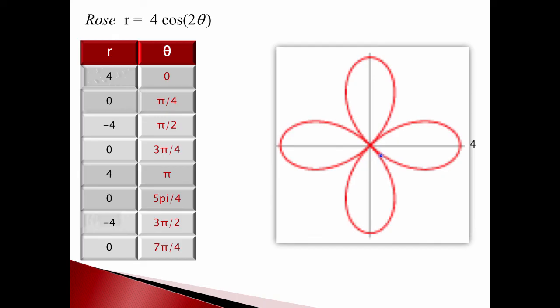R swings back around, still negative, until it comes back to 0. Now between 3 pi over 4 and pi, r goes positive again, and so I can wrap out this point until I get to pointing at 4 units in this direction. And from there, my curve swoops around the rest of the way. It's positive. Now it's all negative again. Then it goes positive again for r as it goes this last loop.